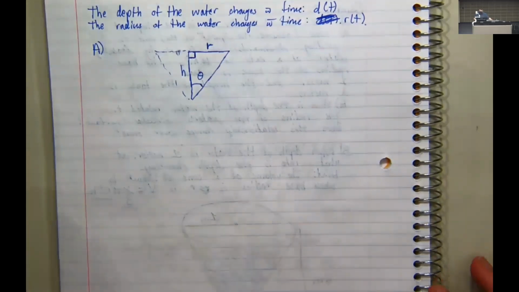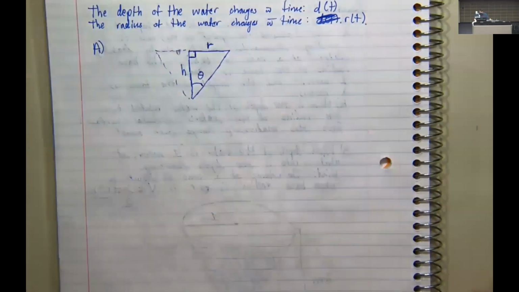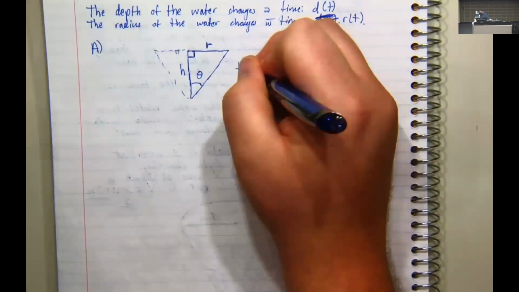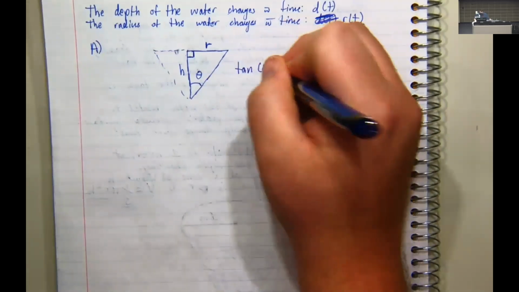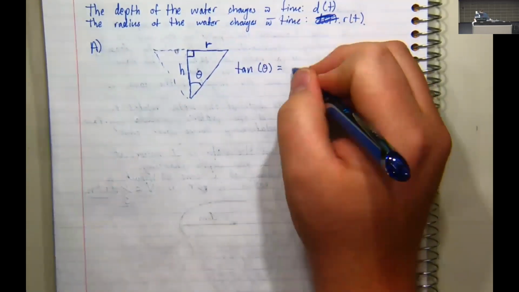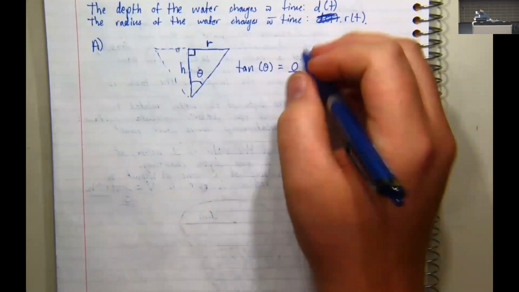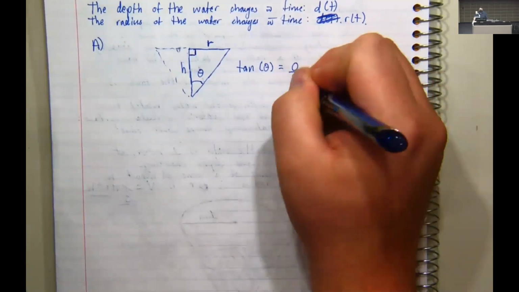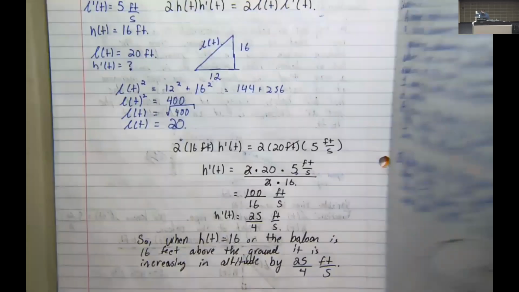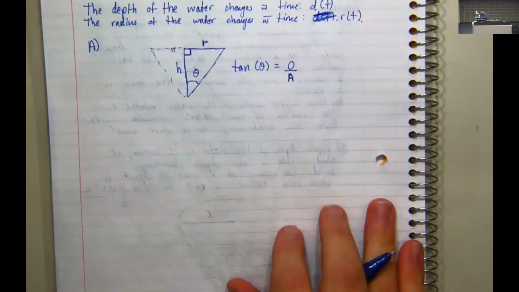Okay. So we can use our trigonometric relations here. We have tan of theta is equal to the opposite over the adjacent. Our height here, or our depth, right?